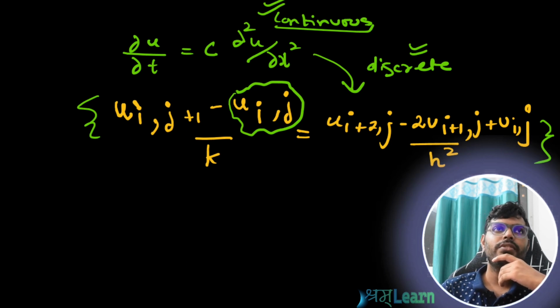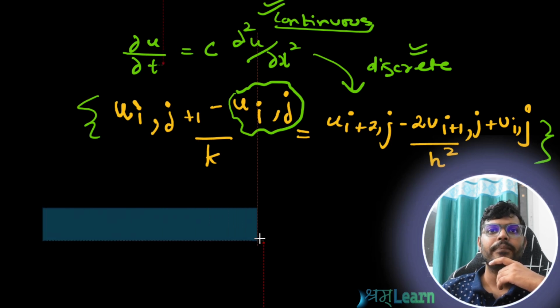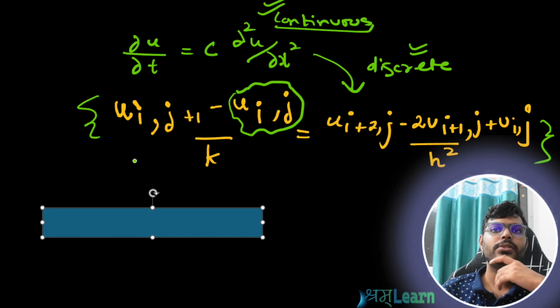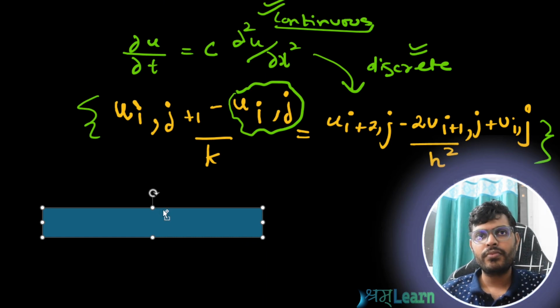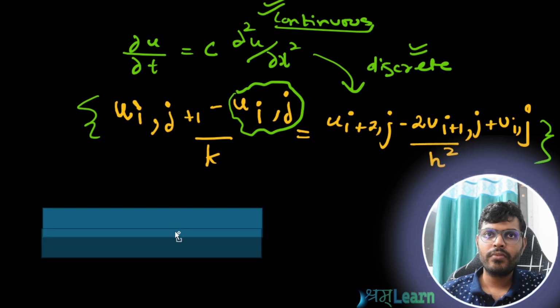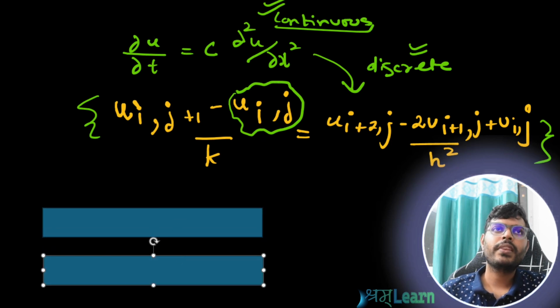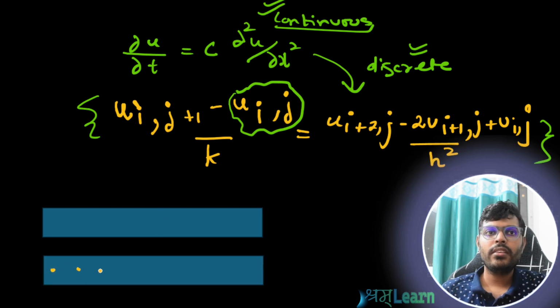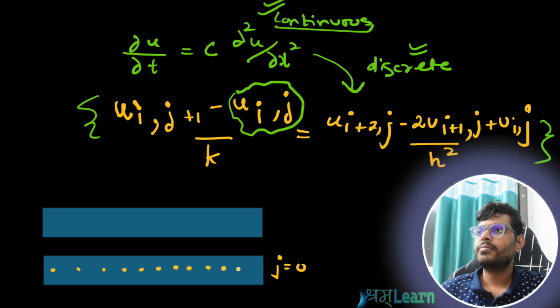So if we have the 0th row known to us, I know all the elements in the 0th row. Let's say this is j equals 0.